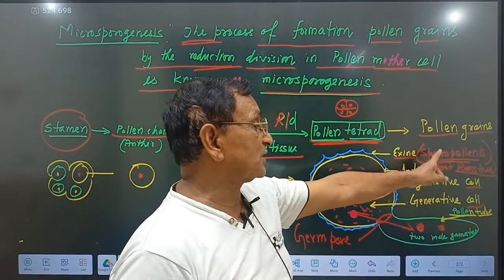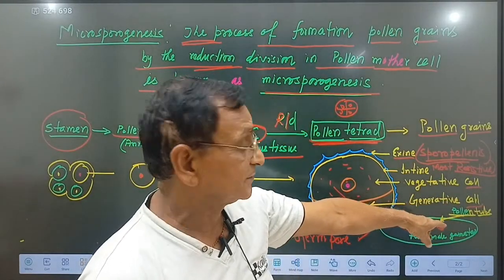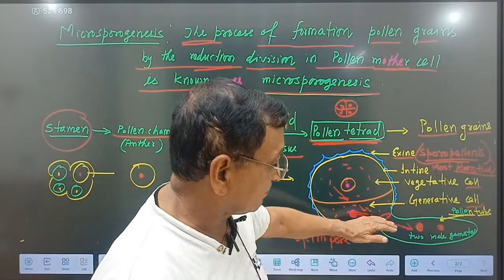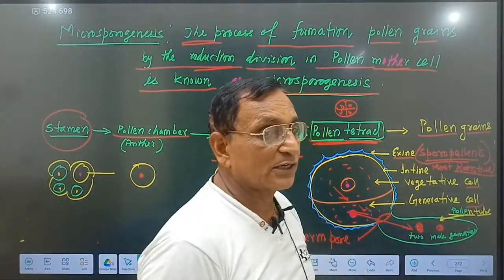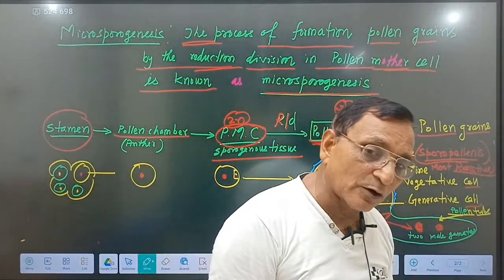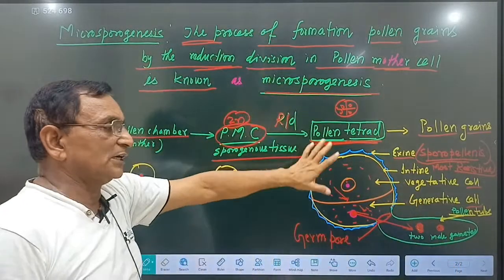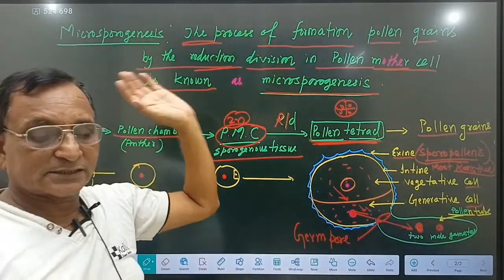Remember, meiosis takes place once in life; a second time meiosis cannot take place. So after dividing mitotically, two male gametes are produced in the pollen grain, which are meant for double fertilization. So this is all about your microsporogenesis. Easily you can write and explain.